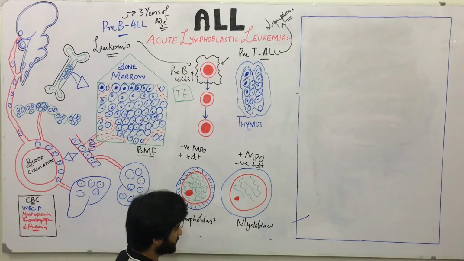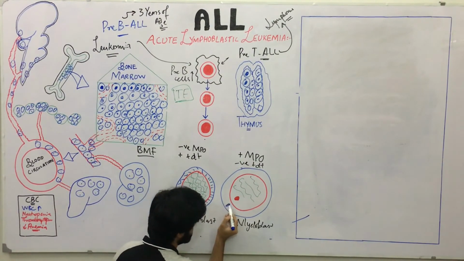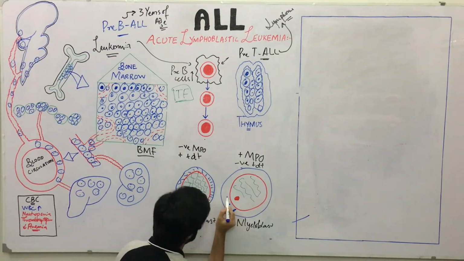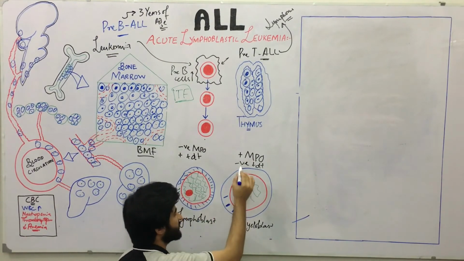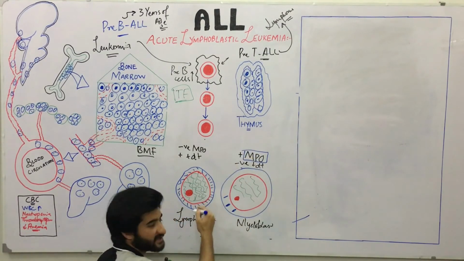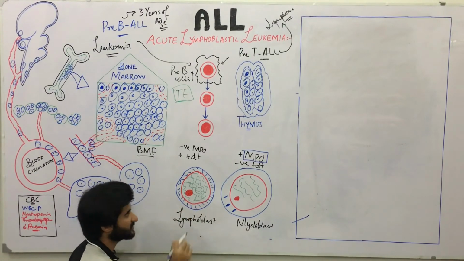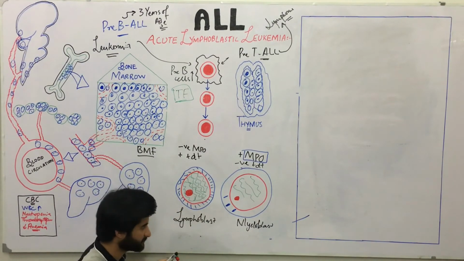Under the microscope, in this myeloblast, we also see certain Auer rods, and these Auer rods are the aggregation of myeloperoxidase. But in this lymphoblast, we cannot see Auer rods because there is no myeloperoxidase present.